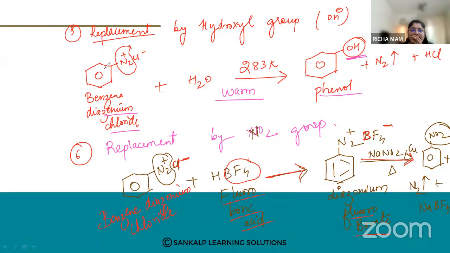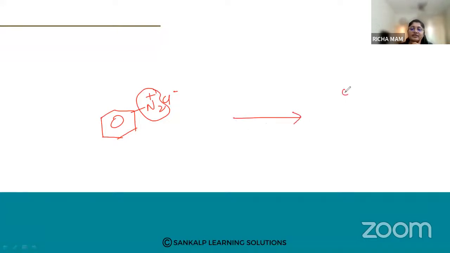In replacement reactions, we are replacing our diazo group, the N2 plus group, by the respective halide, either chloride ion or bromide ion, then fluoride ion, iodide ion, hydrogen, hydroxyl, and nitro group: 1, 2, 3, 4, 5, 6, 7.